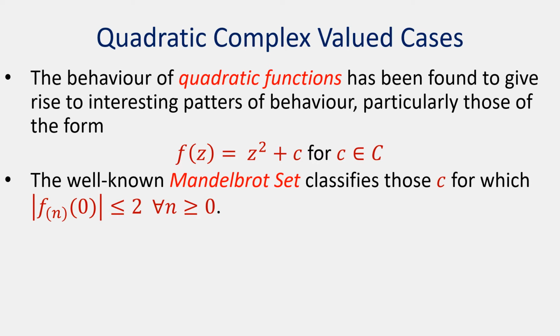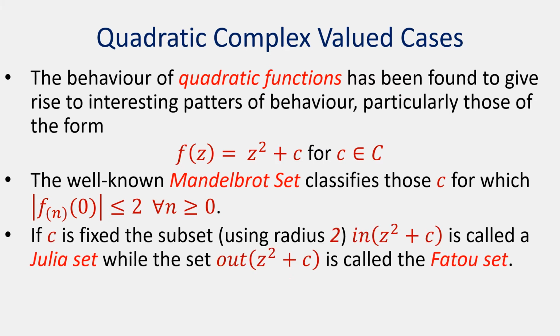So we have a set of complex numbers for which, when we iterate this function starting from 0, we never get a complex number larger than 2. When we start iterating from 0 for other complex numbers, then at some point the size of the complex number that results is bigger than 2.